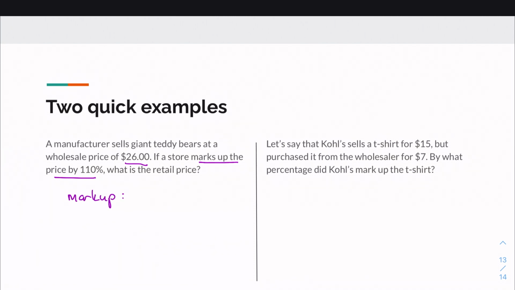Well, I'm taking my $26 and I'm marking it up 110%. So I'm going to turn my percentage into a decimal just by moving the decimal 2 places to the left. I'm going to multiply these together, and I believe I'm going to get, what, 28.60? Oh, sorry, that's, yeah, 28.60.